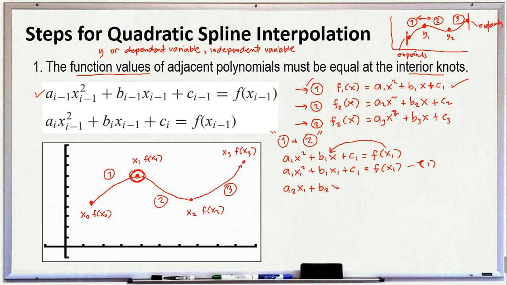Unya x sub 1 gihapon plus c sub 2 na ni. Kaya ang second na niya, quadratic spline number 2. Pero kay same man daw sila at the interior knot or ilahang common, so equal gihapon na siya sa f of x sub 1.